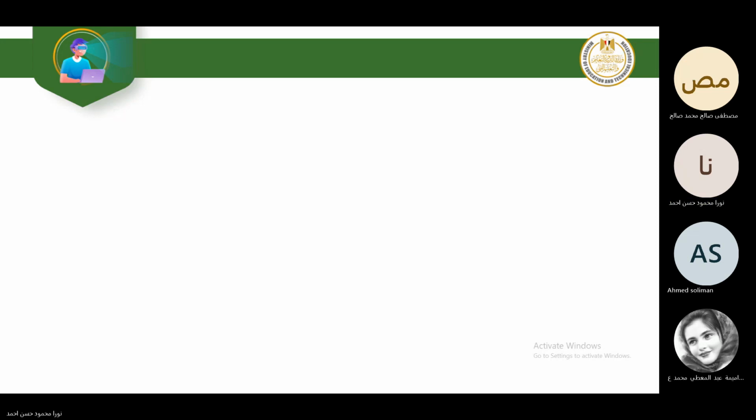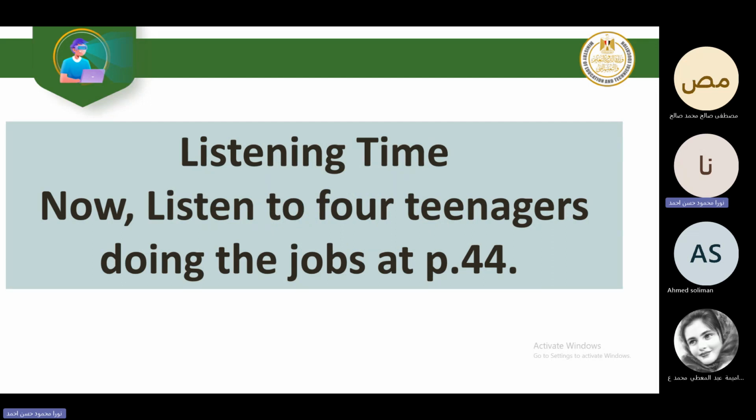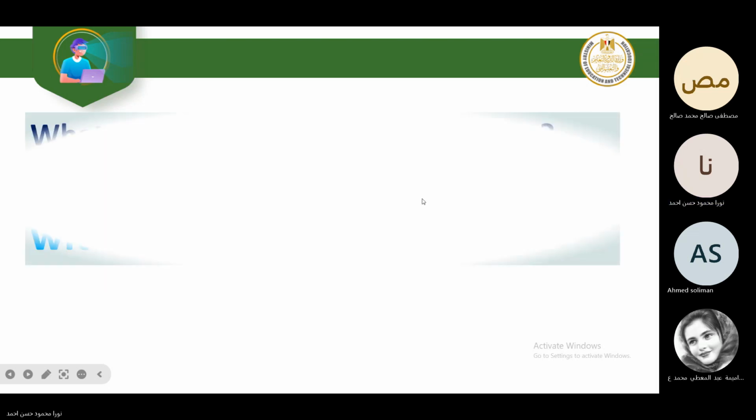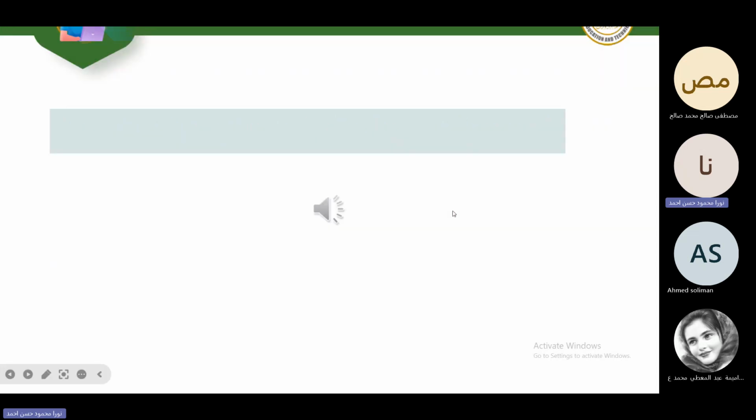Okay. Now I want you to listen to 4 teenagers. Okay. Maybe 12 years old. They are doing the jobs at page 44 that we have just discussed. Okay. And while you're listening, I want you to match the numbers with the names.